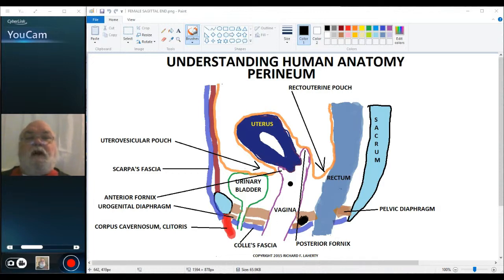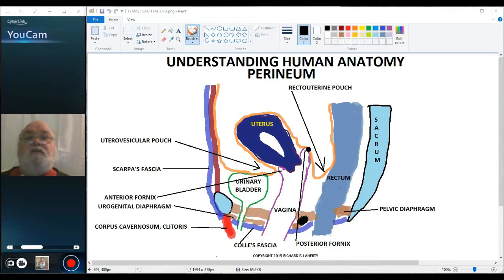So that if a foreign object is inserted into the vagina, as say instruments when doing a procedure in the uterus, and this commonly happened with abortions, if somebody wasn't trained in the anatomy, they would insert directly in and push the instrument through into the rectouterine pouch.